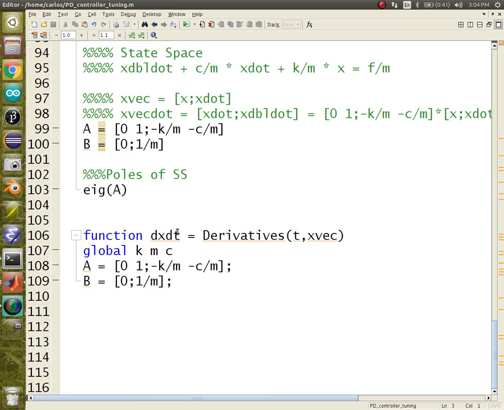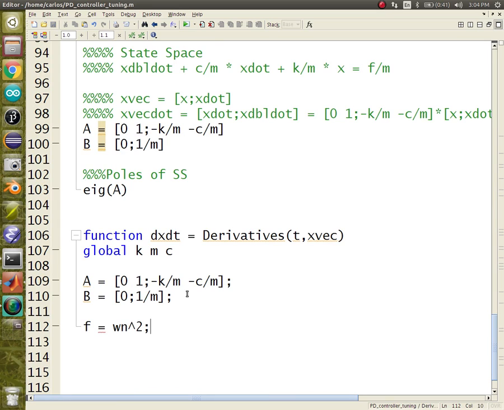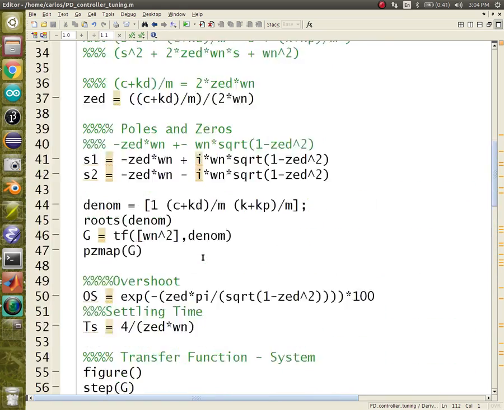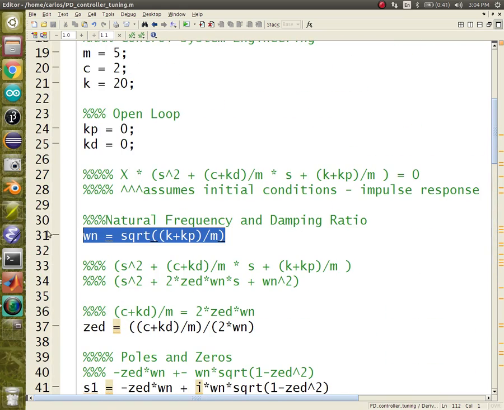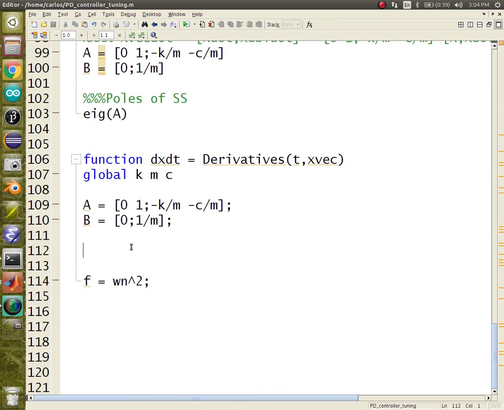Mass spring damper system. And I'm going to let F equal omega n squared. And omega n squared is somewhere up here. Here it is, square root of k plus kp over m.